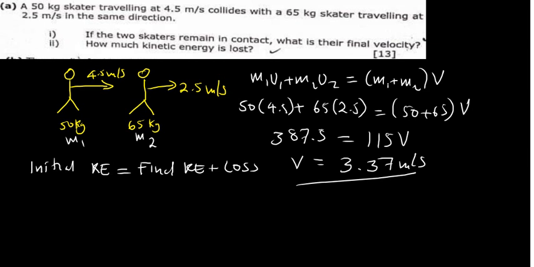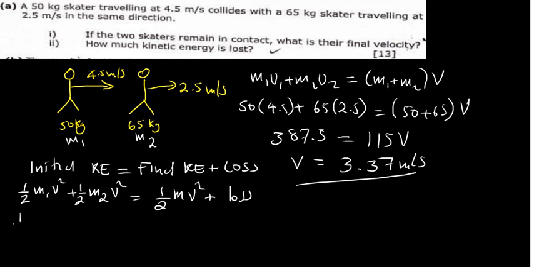And the initial kinetic energy is half m1 v squared plus half m2 v squared, and that is going to be equal to, at the end they were moving at the same velocity, so they are going to have also a combined kinetic energy plus the loss.